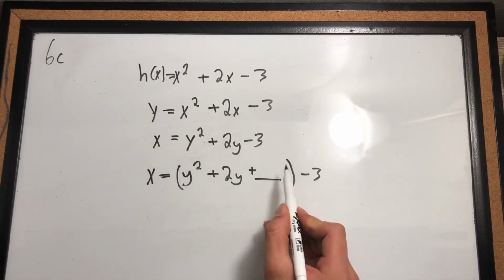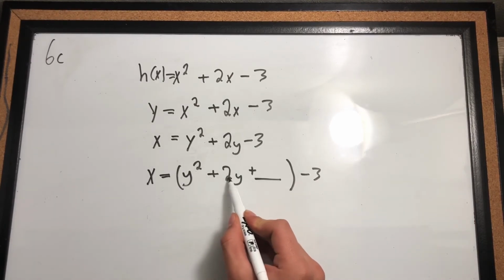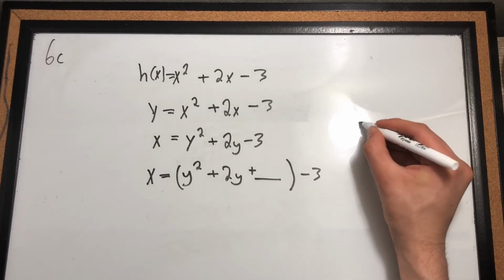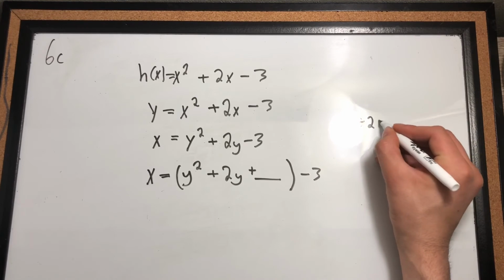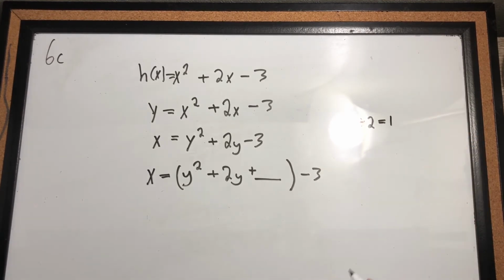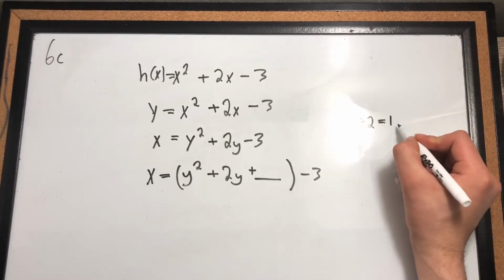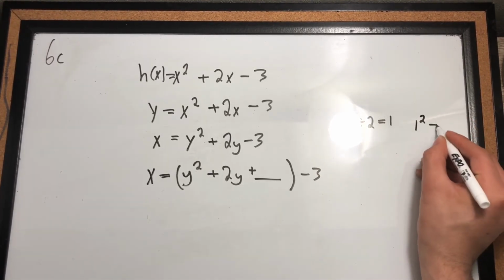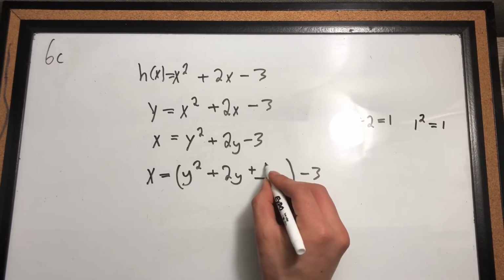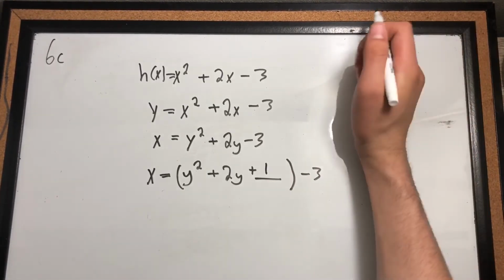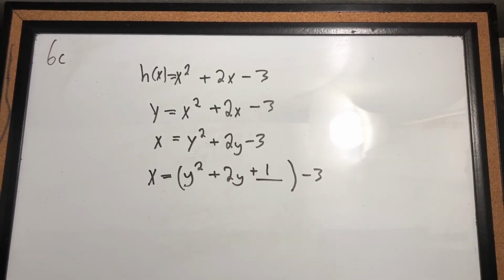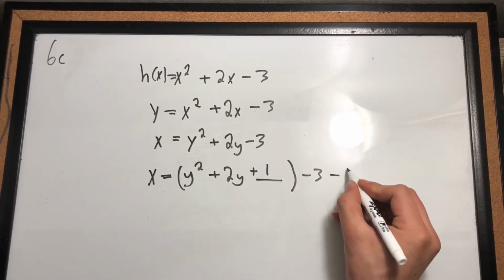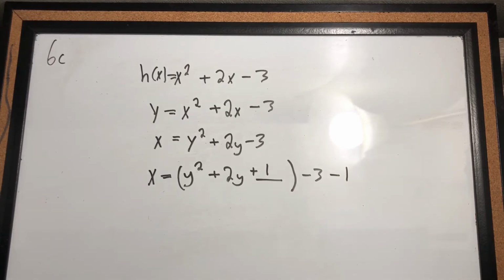So to get this number, you're going to take this and divide it by 2. So 2 divided by 2 equals 1. And you're going to multiply whatever answer you get here by itself. So pretty much squaring it. So 1 squared is 1. So it goes in here. It's 1. And now, since you've added 1 to the inside of the parentheses, you have to subtract 1 from the outside of the parentheses just to keep everything equal.